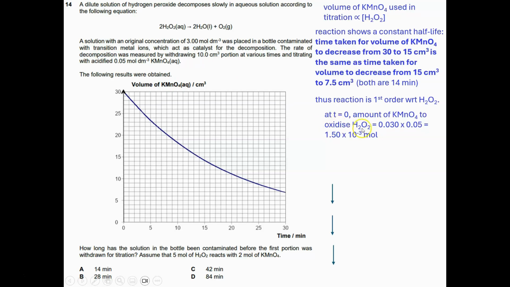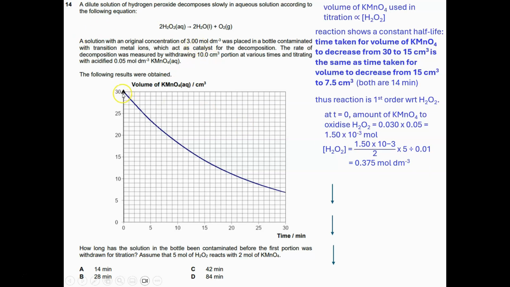So the amount of KMnO4 to oxidize hydrogen peroxide is this amount. So the amount of H2O2 will be this amount divided by 2 times 5. And the concentration is the amount of H2O2 divided by its volume, which will give me 0.375 moles per dm cube.